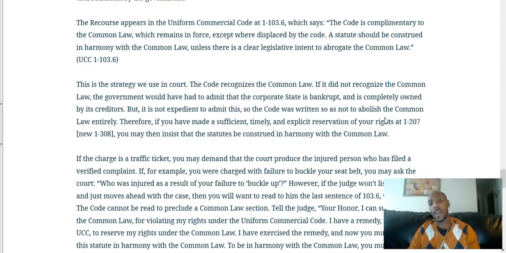The code recognizes the common law. If it did not recognize the common law, the government would have had to admit to the corporate state that it is bankrupt, and it is completely owned by its creditors, which is me and you. But it is not expedient to admit this.